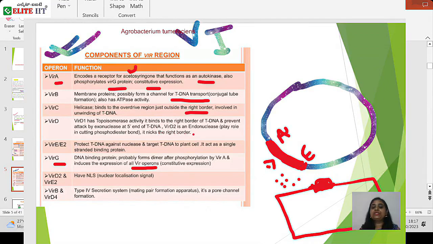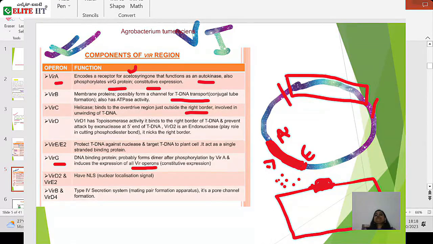And VirD2 is an endonuclease. This is endonuclease activity, and it is cutting the phosphodiester bond. So in this case, what will happen? Finally, this T-DNA, with left border, right border, T-DNA, after that, the T-DNA will be removed. So whenever there is a wound in the plant, secretion of polyphenolic compounds will be there. Those polyphenolic compounds will give the signal to the plasmid.